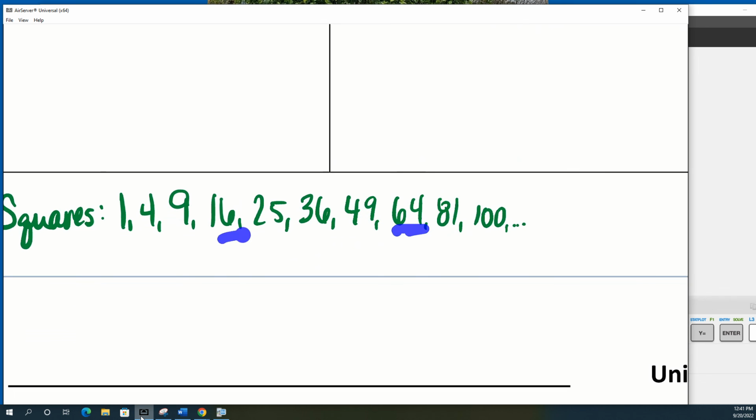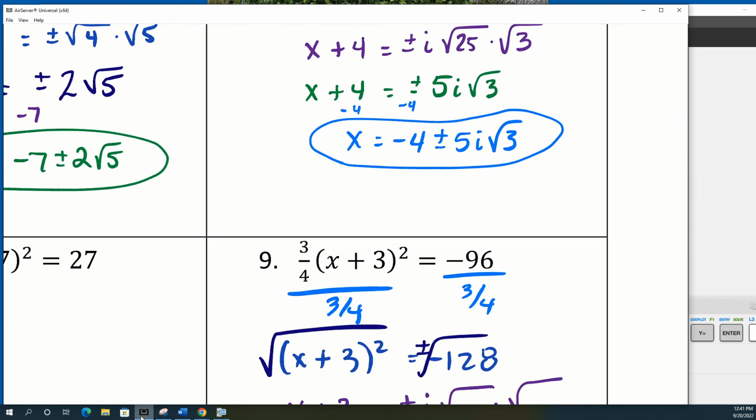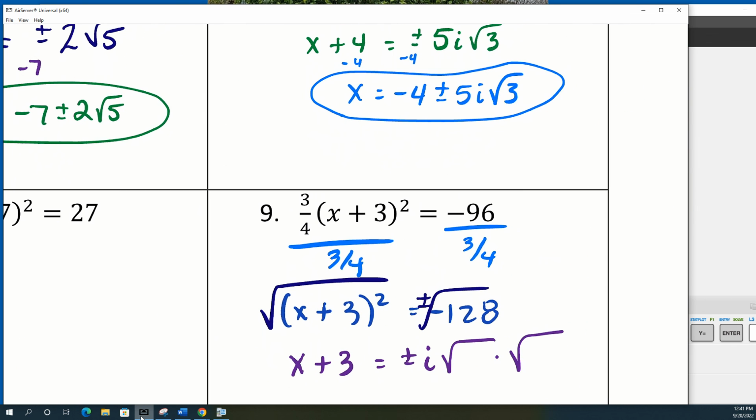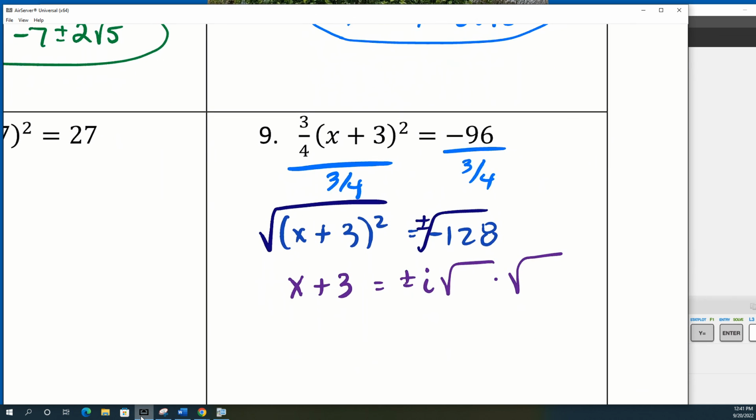So 64, 16, and 4 all divide evenly into 128, but the largest is 64, so it's 64 times 2.